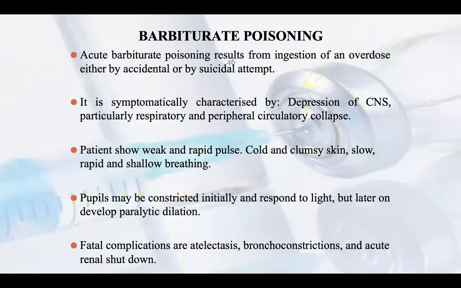Now how to treat barbiturate poisoning. Acute barbiturate poisoning results from ingestion of an overdose, either by accidental or by suicidal attempt. It is symptomatically characterized by depression of CNS, particularly respiratory and peripheral circulatory collapse.